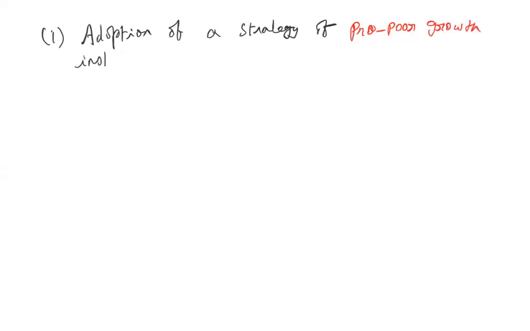Okay, so the first one is the adoption of a strategy of something called pro-poor growth instead of emphasizing liberalization and GDP growth.